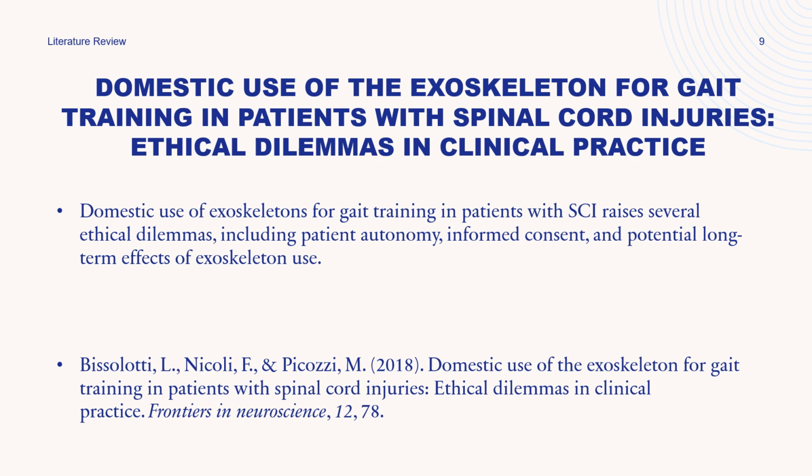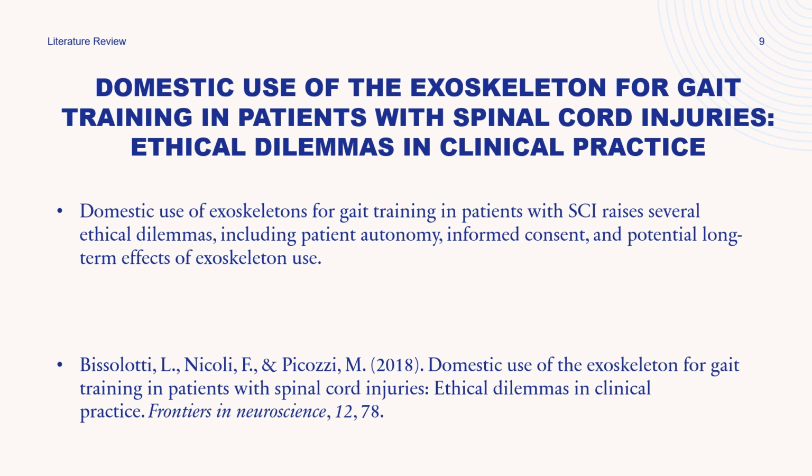This paper, Domestic Use of the Exoskeleton for Gait Training in Patients with Spinal Cord Injuries, Ethical Dilemmas in Clinical Practice, provides ethical dilemmas in the biomedical field for rehabilitating patients.